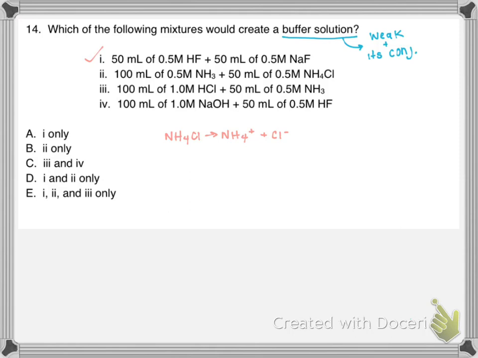So when we do that, we're going to have something weak, and we're going to have its conjugate added directly into solution, which means that we have a buffer. Okay, so again, we've just directly added the stuff.